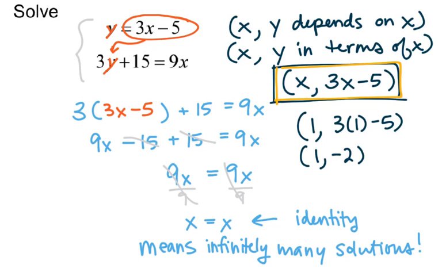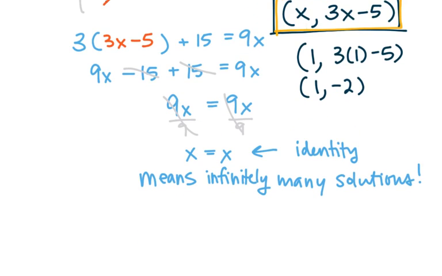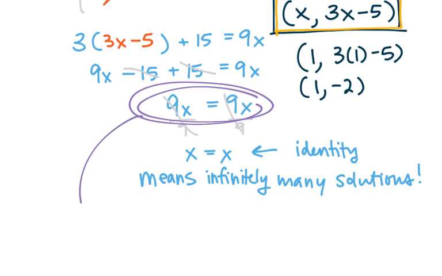Now, just to expand on this, if I had been working through this problem, and maybe at this step I ended up with, say, 17 equals 0, that is a contradiction.